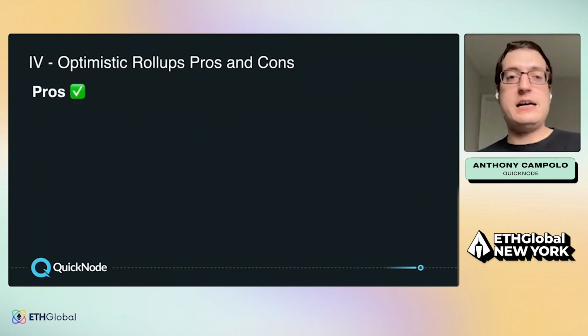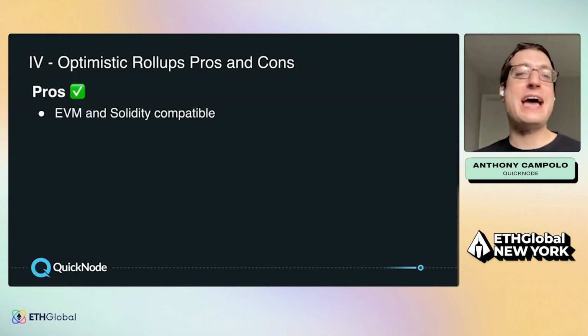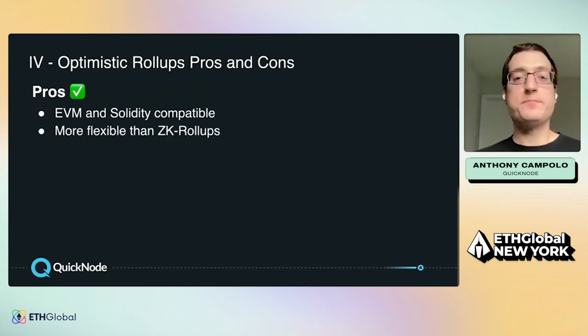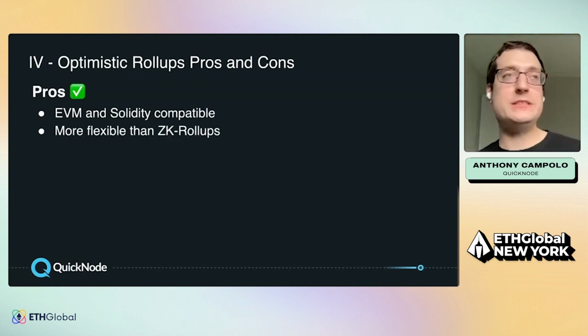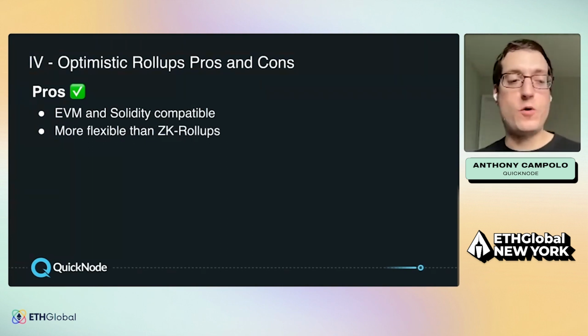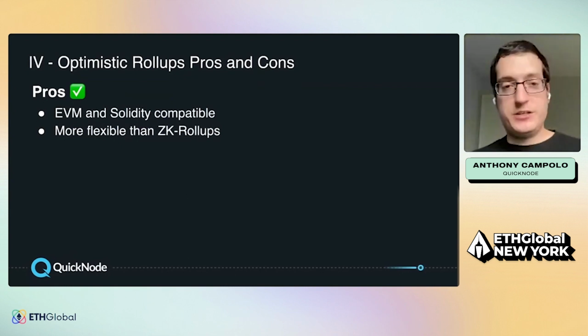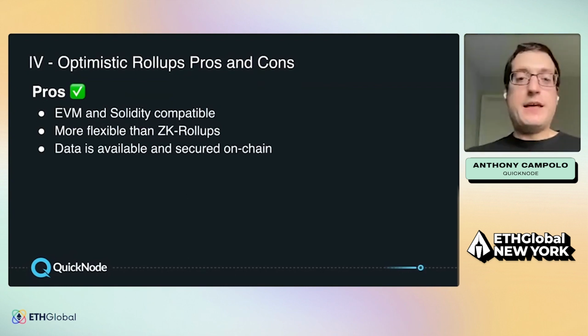Now, the pros and cons of this. We have EVM and Solidity compatible optimistic rollups, because things like Arbitrum and Optimism were created to be EVM compatible from the start. They're also more flexible than ZK rollups because they don't require the really heavy computation involved with zero knowledge proofs. And you also have the data available and secured on chain.